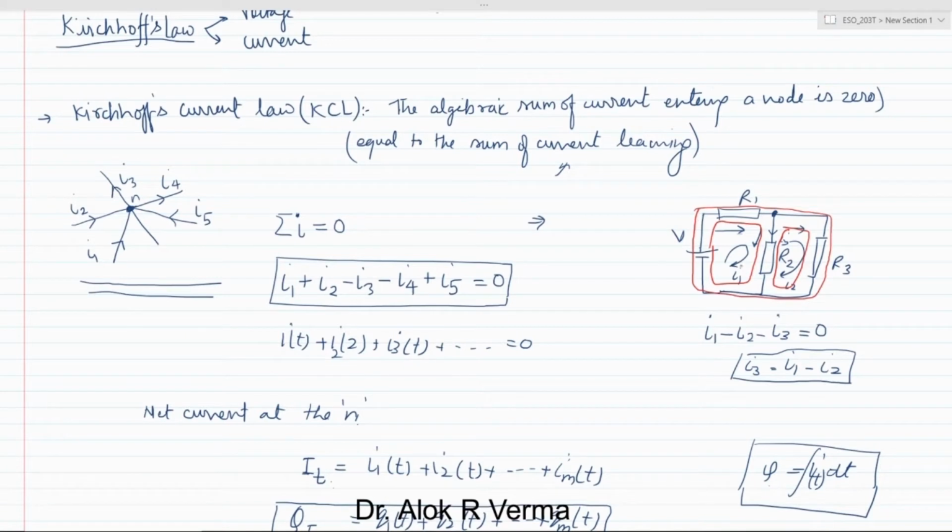Okay, so there are three closed loops: one inner one on the right side, and one complete full loop.